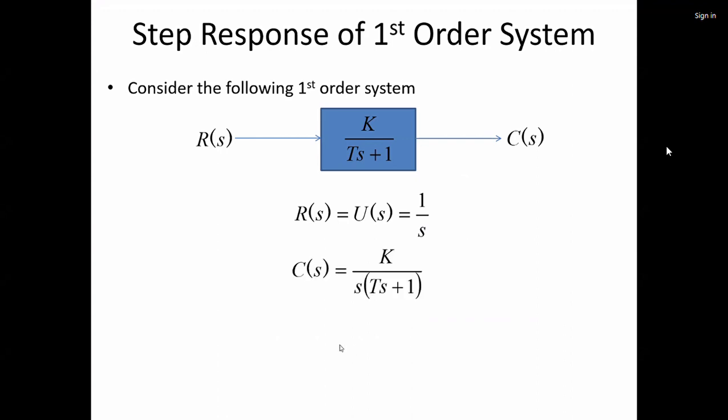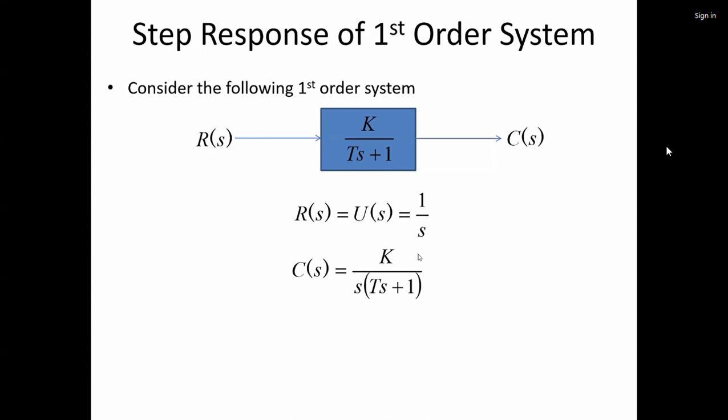So your output would basically be the factor here, k divided by ts plus 1, into the input, which is 1 over s. Now, if you want to understand the system characteristics in the time domain, you have to do a Laplace inverse of this expression in the frequency domain.